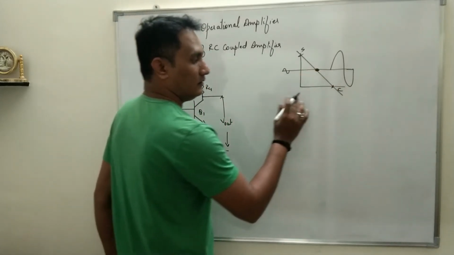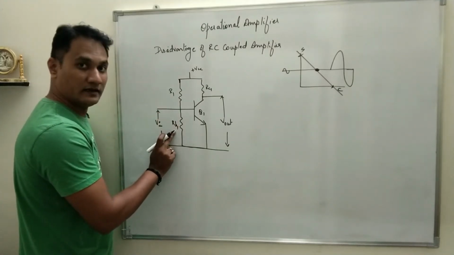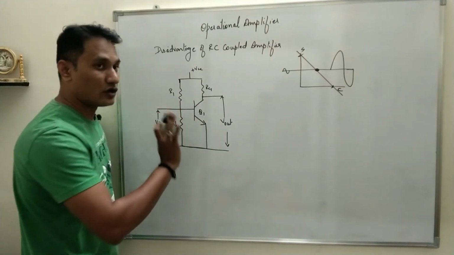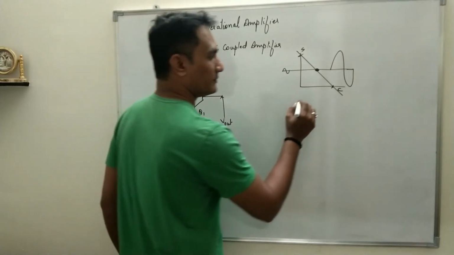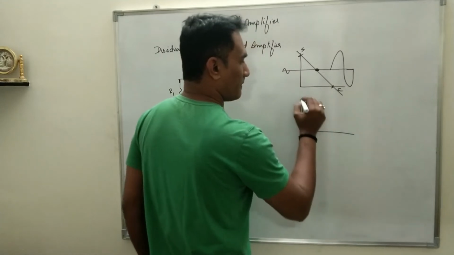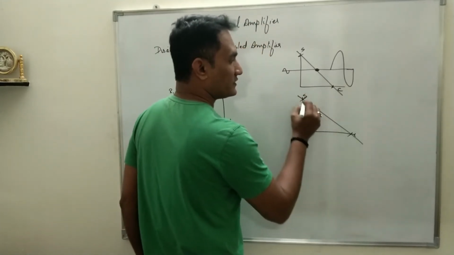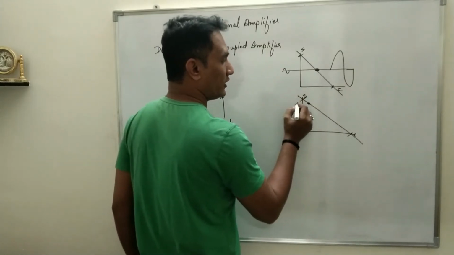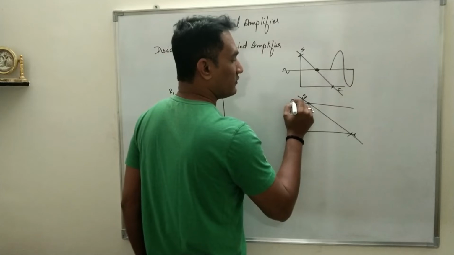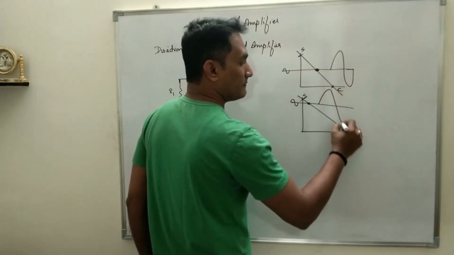Now if this R1 RB1 is not connected, the transistor is not biased. And if the transistor is not biased, what happens is the operating point shifts. If the operating point shifts towards saturation, the input signal will be applied on the operating point, so the output will be like this.